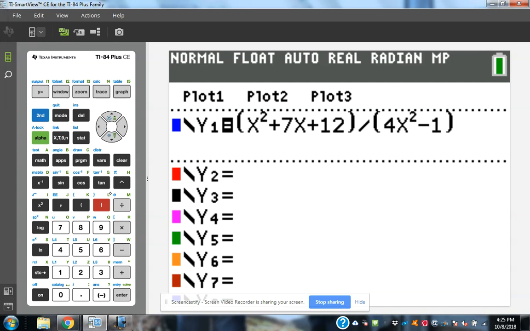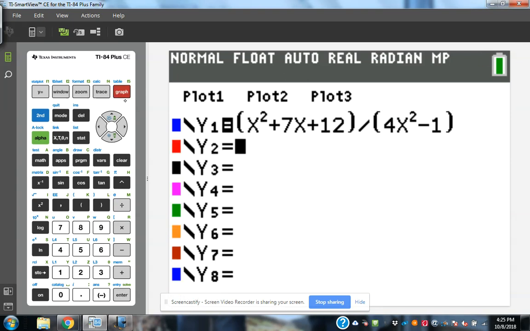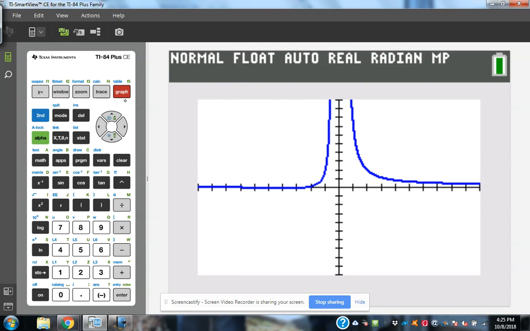The beautiful thing about this is if you put the original problem in or the simplified one, it's the same. The graph should look exactly the same. So I'm just using the original and I'm hitting graph, and we see what's going on here. So we've got a vertical asymptote at 1/2 and at negative 1/2, and then we have a horizontal asymptote at 1/4.